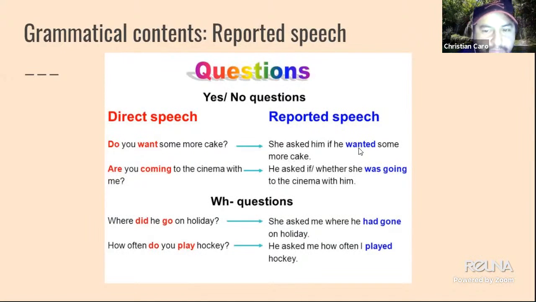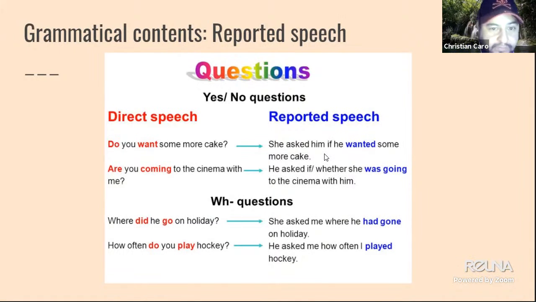She asked them if he wanted some more cake. So basically we use a reporting verb in this case, que sería asked, que podría ser cualquier otro, básicamente, right? Pero en este caso usamos asked. She asked them. Los sujetos y objetos cambian según quién esté hablando. ¿Ya? Después usamos el if o el whether.